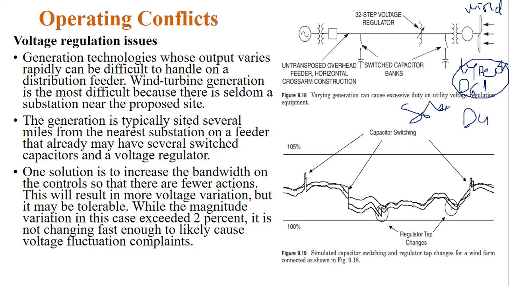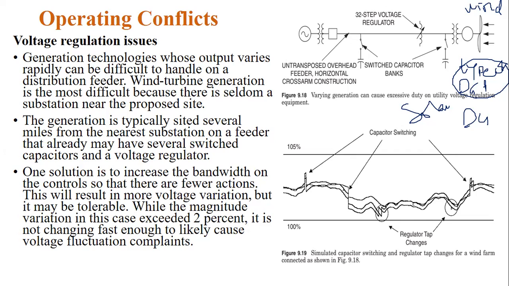So one question here, as I asked at the starting of the lesson: you should remember one thing, where you can connect these DGs. That means whether the DG is connected near to the substation or very far away from the substation. Based on that, the voltage regulation also changes.